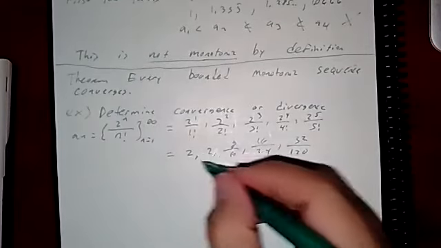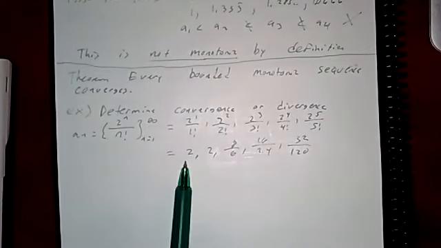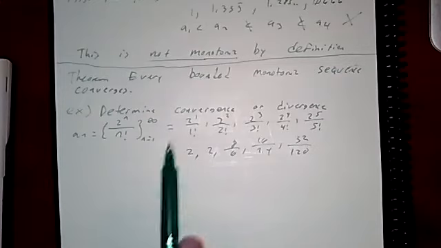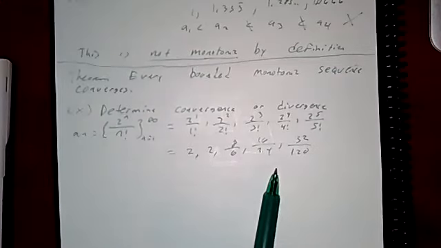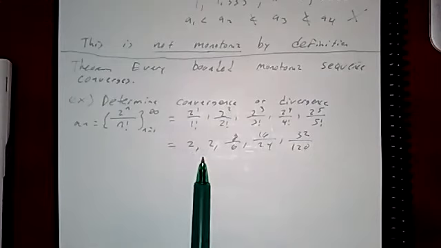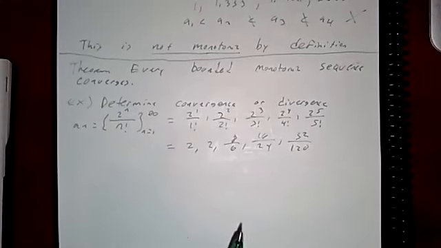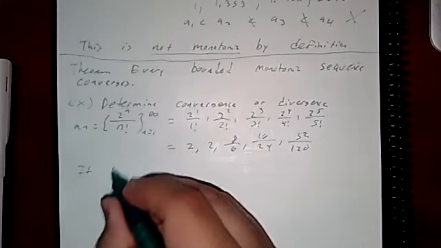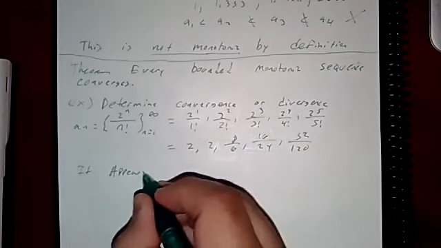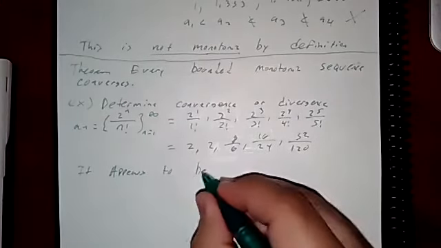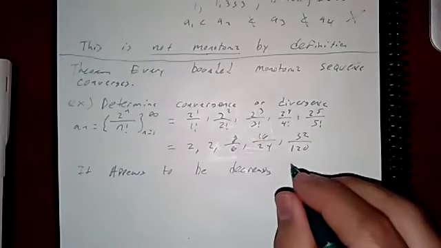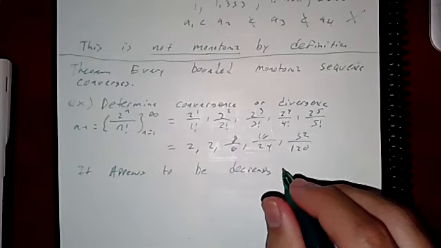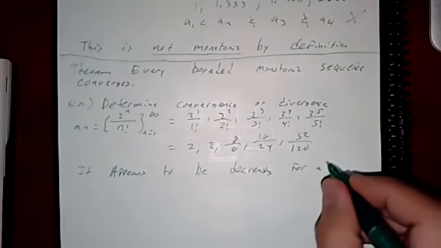All right, so it looks like it's bounded above by 2, and that's the biggest it's going to get. And then it keeps decreasing, so it is decreasing, and it's bounded above. So it appears to be decreasing for all n.